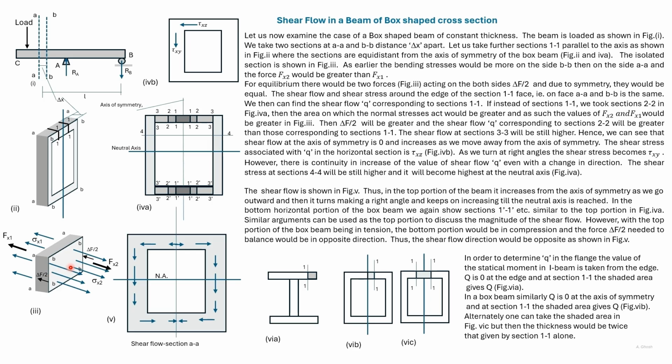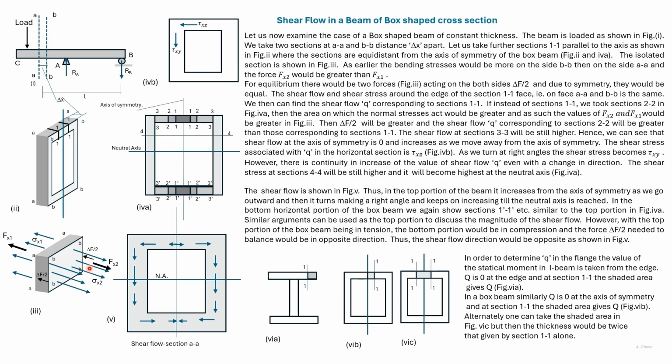The stresses acting on the right side will be larger than the stresses acting on the left side. So Fx2 will be larger than Fx1. Unlike the other cases, there will be shear stress acting on both sides to balance the difference.